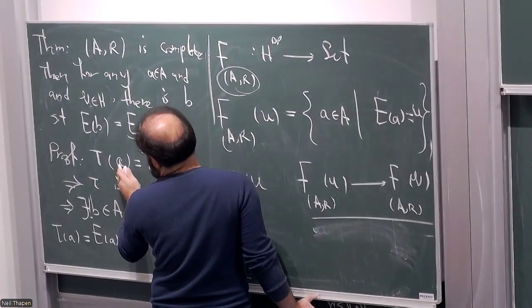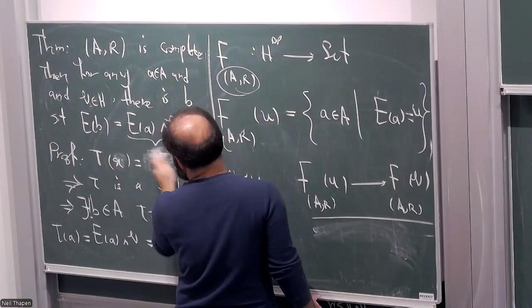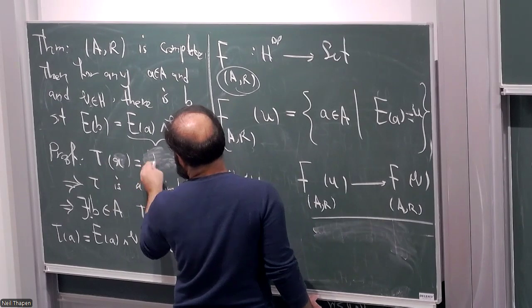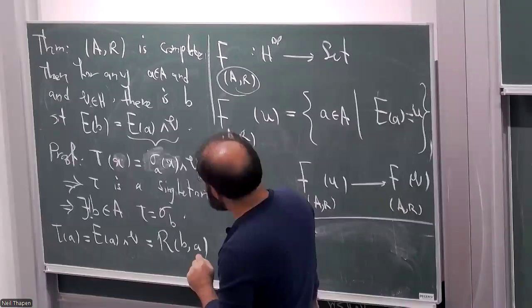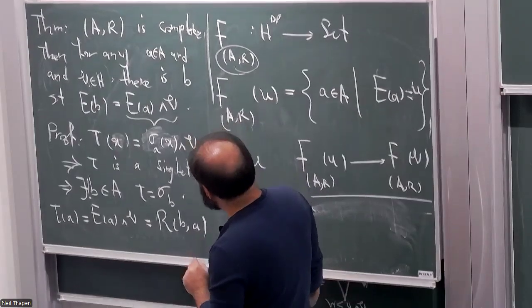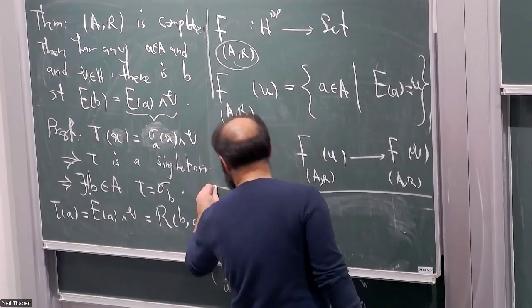Sorry. Define tau of x as sigma A of x and v. That should work. Now tau is a singleton. So I guess the bug was here. Let me just check that it is really a singleton.